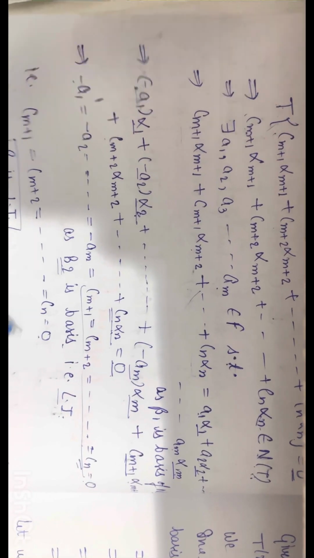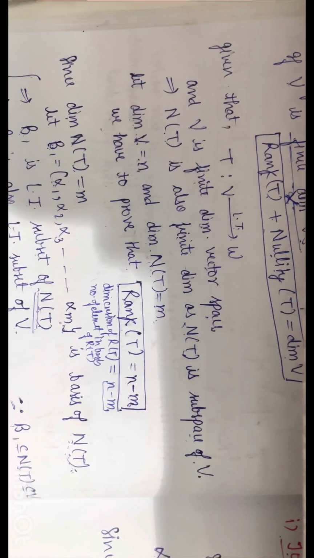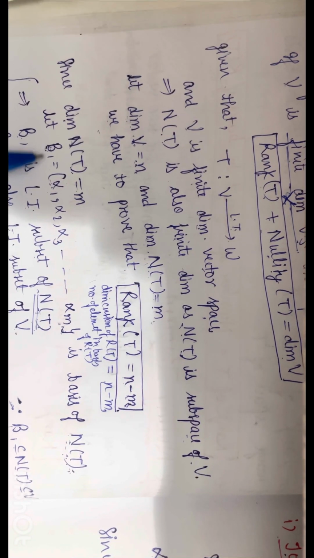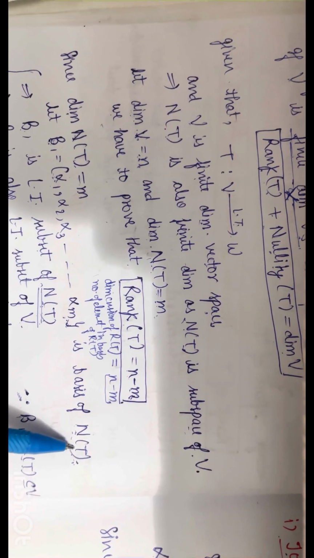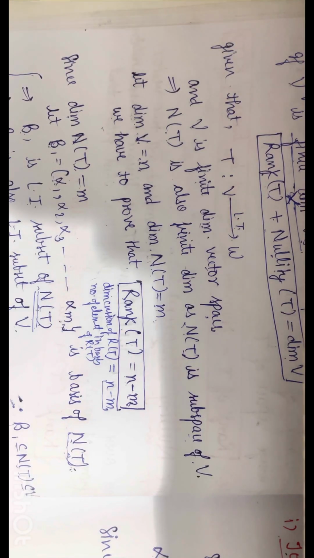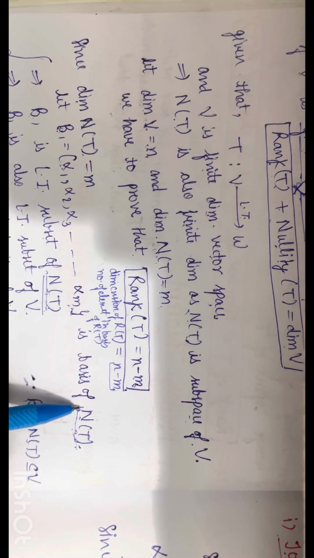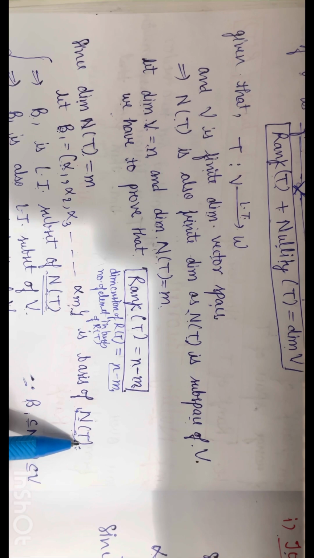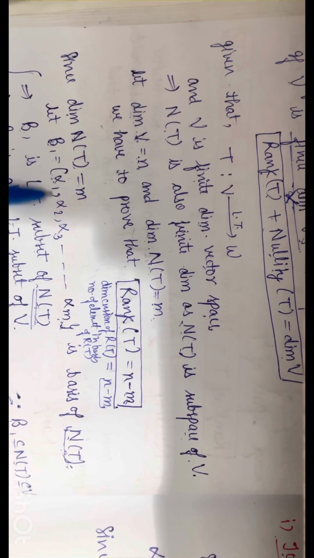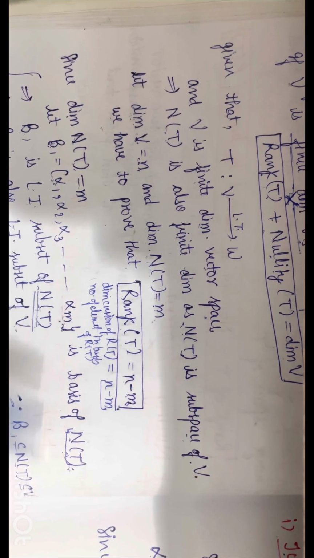We know from here that B1 is the basis of the null space of T. It means that every element belonging to the null space of T can be written as a linear combination of these elements.